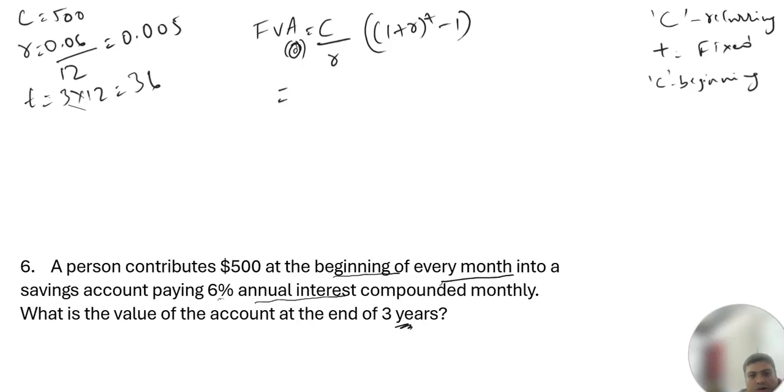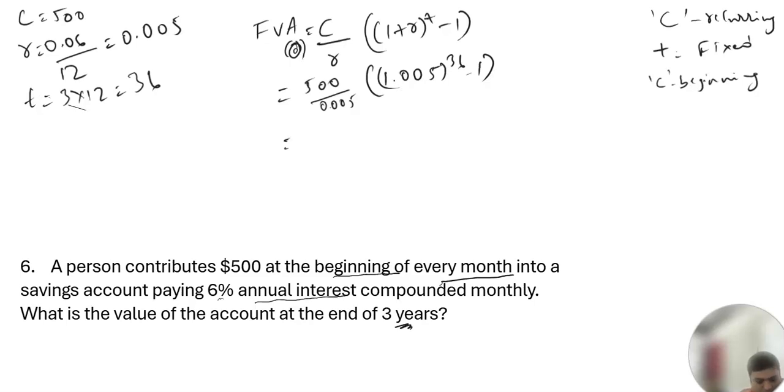Alright. So what is C? C is 500. 500 by R, which is 0.005, into 1.005 to the power of 36 minus 1.